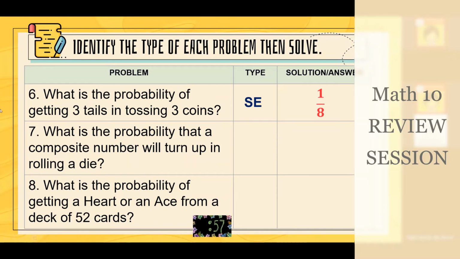19 lang pala. Lara, what type of probability is number 7? SE. Come again? Ano daw? Say it again, Lara.